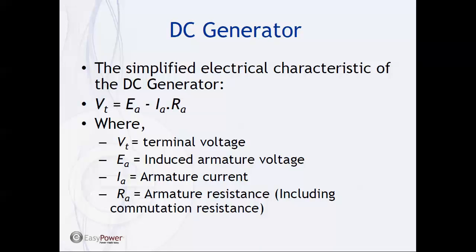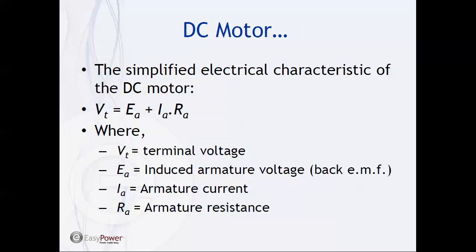When modeling a DC generator, the voltage that we receive at the terminal of the generator is given by this equation: the induced voltage on the armature minus the voltage drop across the armature circuit. Similarly, the DC motor equation is given by terminal voltage is the sum of armature voltage on the rotor plus the voltage drop across the armature, which is a multiple of the current and the resistance.